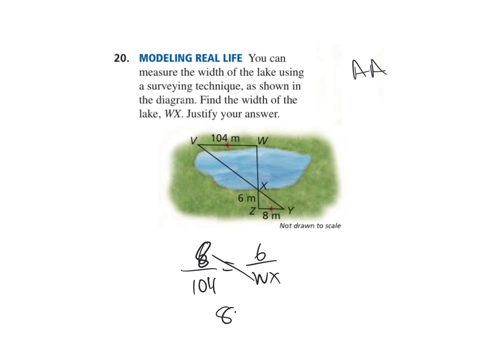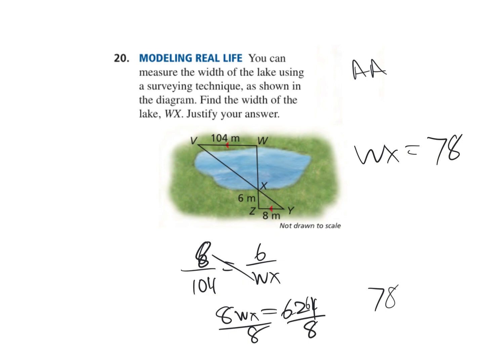So 8 WX is equal to 624. Divided by 8. 8 goes into 62 7 times, which 8 times 7 is 56. 62 minus 56 is 6. 8 goes into 64 8 times. So 78 meters across that lake is the answer.